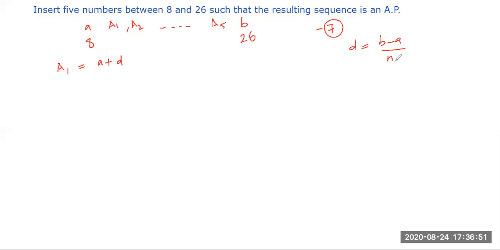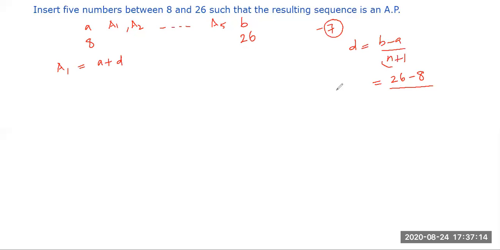So please calculate D. Both of you, calculate D. Don't look here, calculate your D. So it will be B minus A, 26 minus 8. Now again, student, I'm asking you a question.